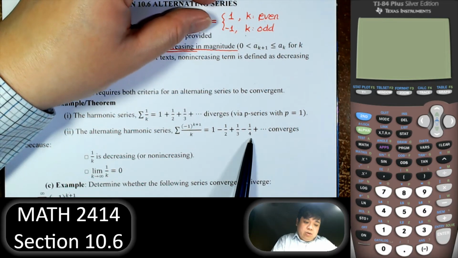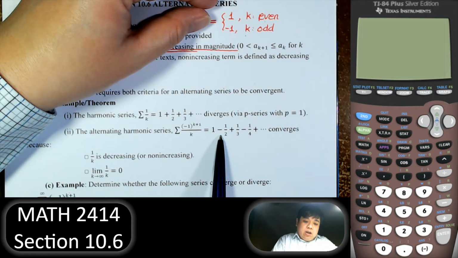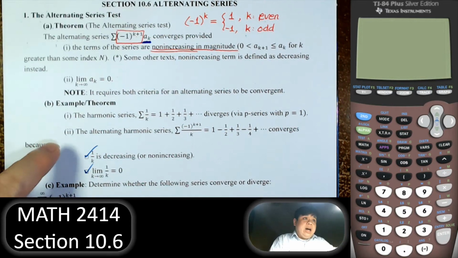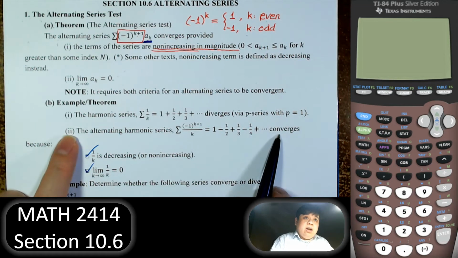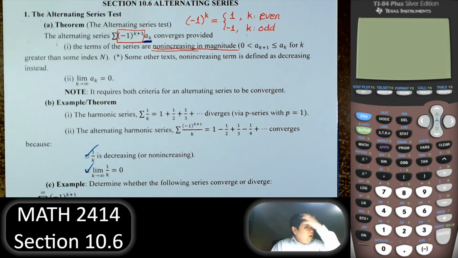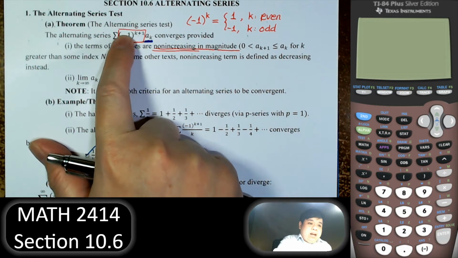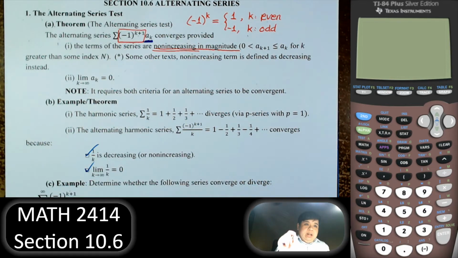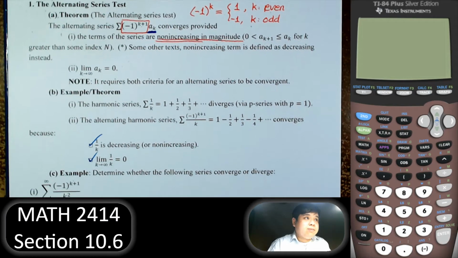So this is decreasing, and the terms getting smaller and smaller go to 0. So both of these check, and that's why the series converges. So when we look at the problem, we isolate the alternating -1 raised to some power. What's left will determine if it is non-increasing and if it goes to 0. If both are satisfied, then it is convergent.